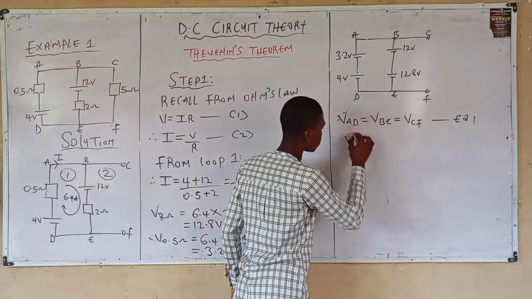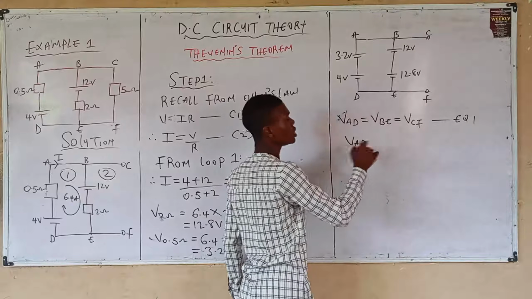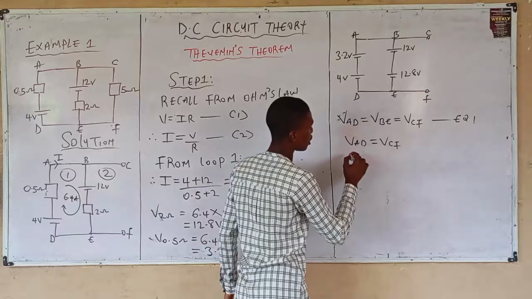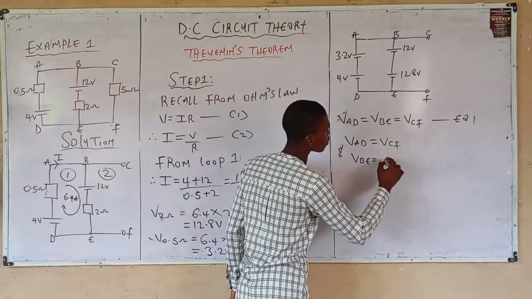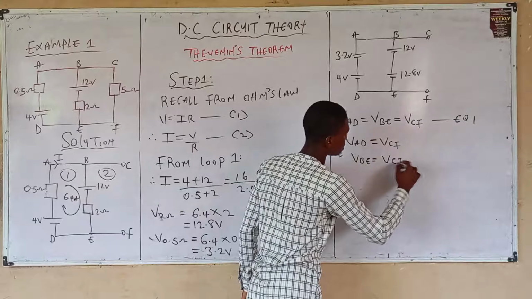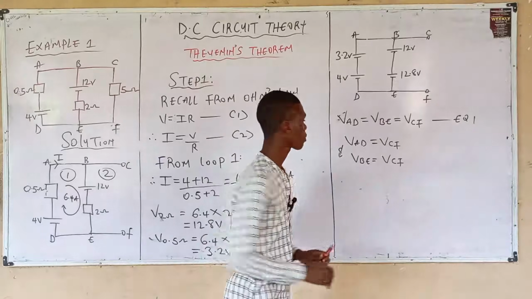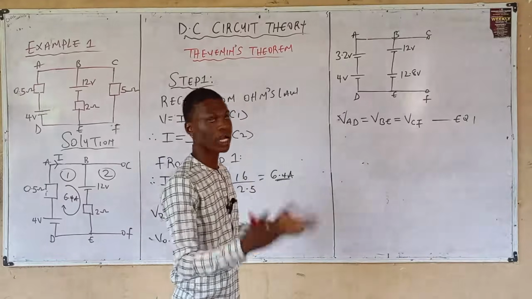Meaning from equation 1, the voltage in branch AD is equal to the voltage in CF. Also, the voltage in branch BE is equal to the voltage in branch CF. That's what equation 1 means. Okay? Alright, let's see if they are equal.